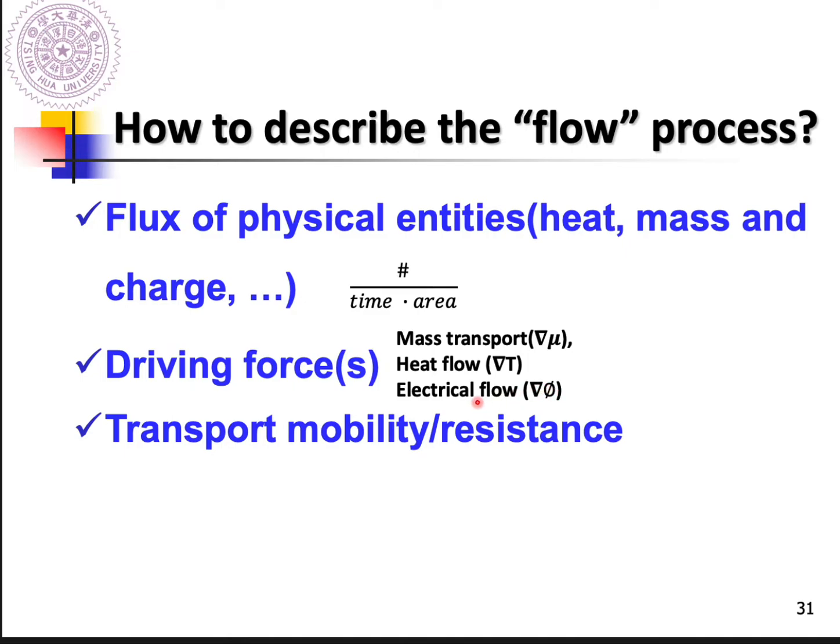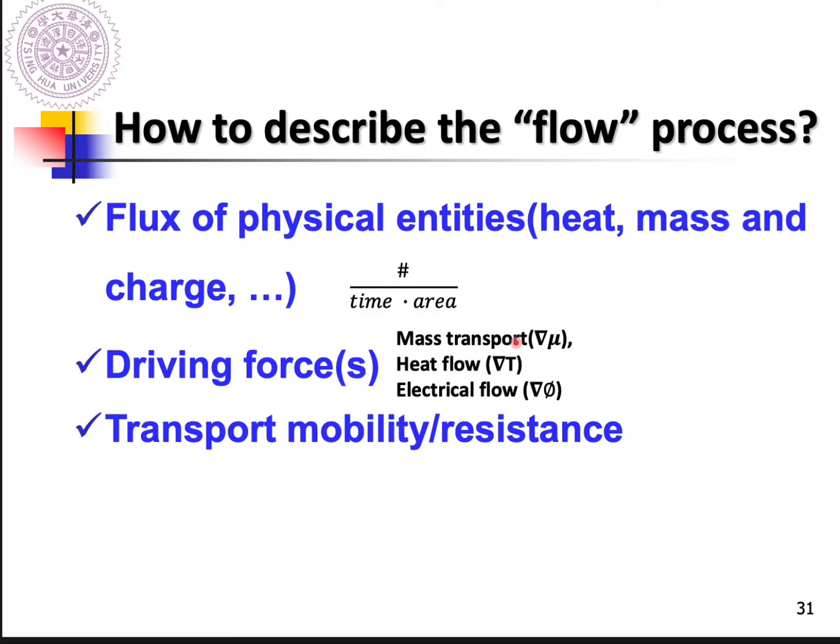So next will be the inertia of the system. Some people call it transport resistance or inertia of a system or transport mobility, but it is much related to the intrinsic property of the materials we are talking about in our systems.